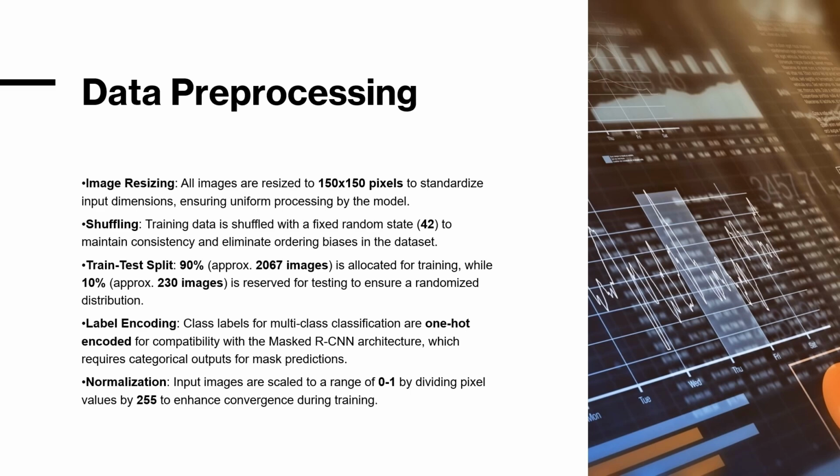For testing, I used 10% of the data, and for training the model I used 90% of the data. For label encoding, I used one-hot encoding for compatibility with the Mask R-CNN architecture.